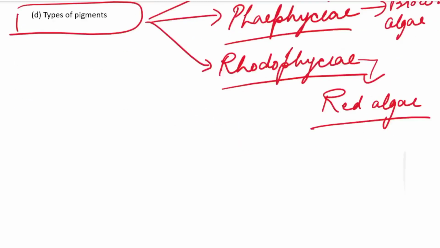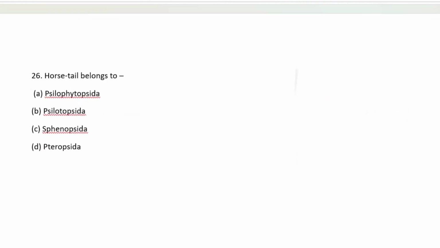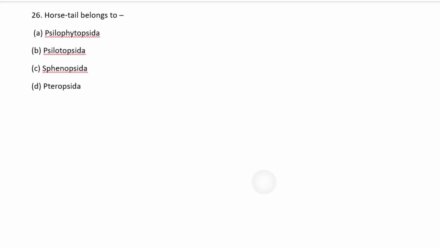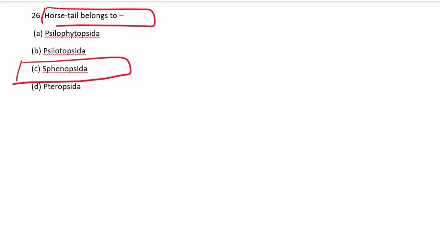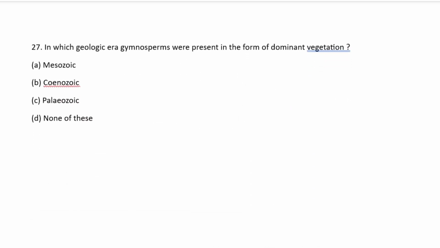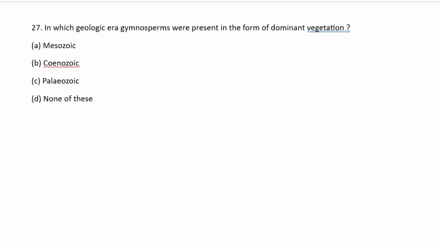Moving on to the next question, question number 26. Let's see what question number 26 says. It says horsetail belongs to. Horsetail is basically a plant which belongs to the class Sphenopsida. So option number C is the right answer for question number 26. Moving on to the next question. In which geologic era were gymnosperms present in the form of dominant vegetation?